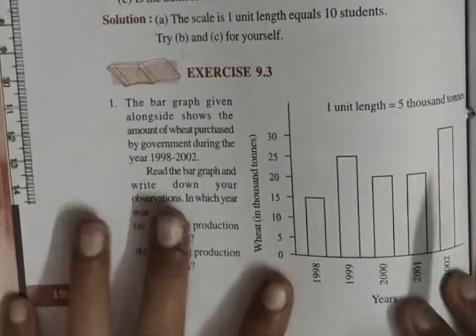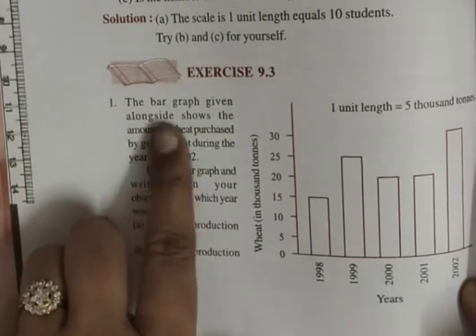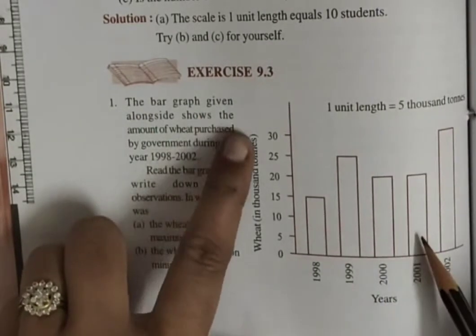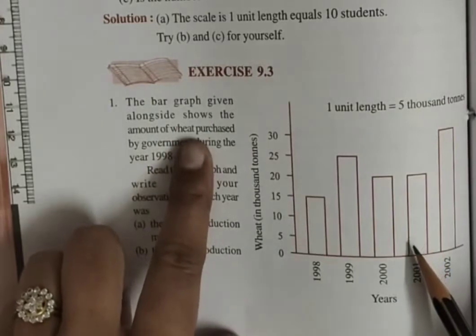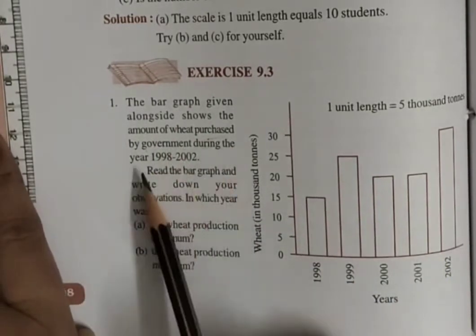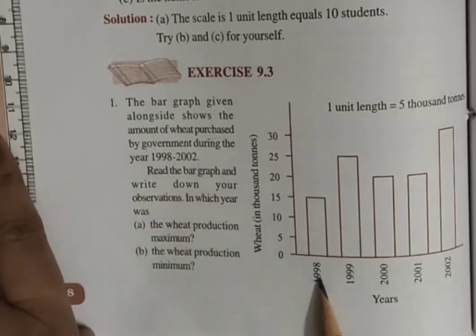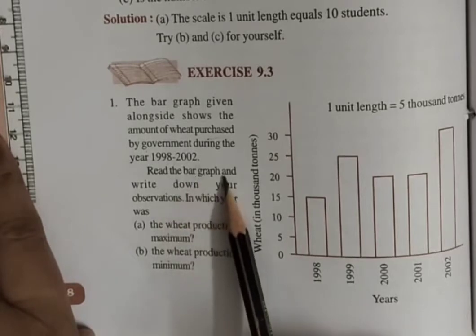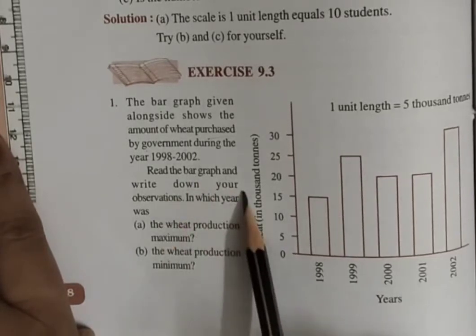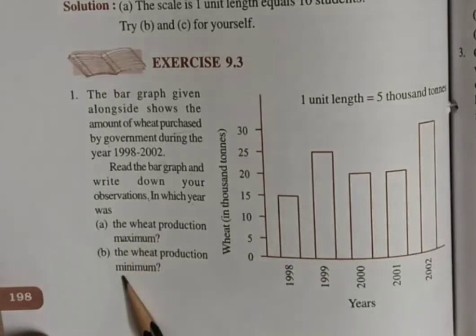In this question, this bar graph is given in your book. The question is: the bar graph given alongside shows the amount of wheat purchased by the government during the years 1998 till 2002. We need to read the bar graph, write down our observations, and answer the questions.